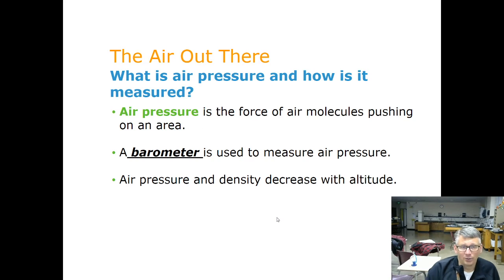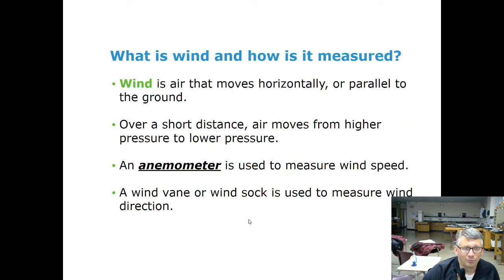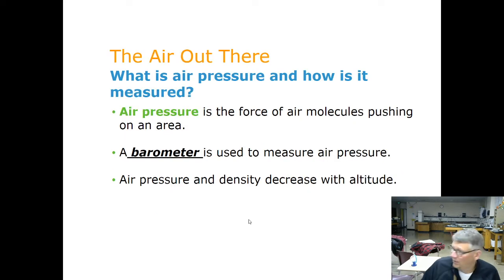Air pressure. Air pressure is measured by a barometer. There are different types of barometers. I thought I had pictures of them, but many of you have taken to my globe, and as the air pressure goes up, we have higher air pressure, that means the air is sinking, and that is pushing it down.